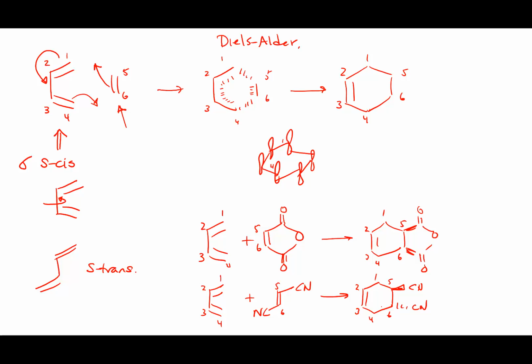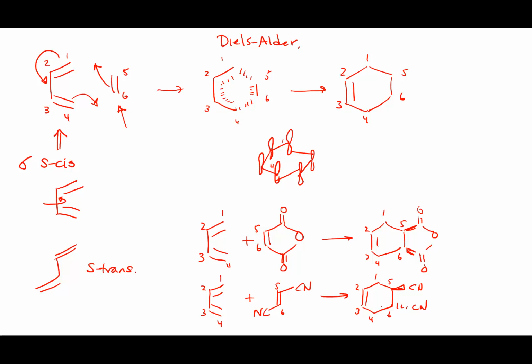Trans will not. It has to be S-trans in the diene. Okay? So sometimes people get confused. Hopefully nobody here will get confused. But sometimes people will say, well, that's trans. Yeah, it is. But the restriction is that the diene has to be S-cis.